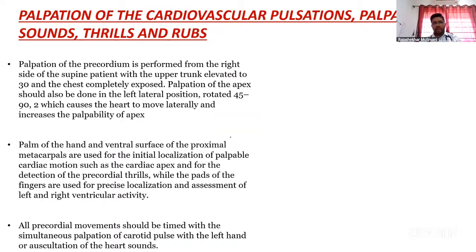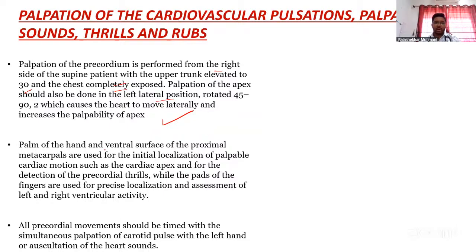Coming to the palpation, the palpation of the precordium is performed from the right side of the supine patient with the upper trunk elevated to 30 degrees and the chest completely exposed. The palpation of the apex beat should also be done in a left lateral position after turning the patient 45 to 90 degrees, which causes the heart to move laterally and increases the palpability of the apex if it is not palpable in the supine position.